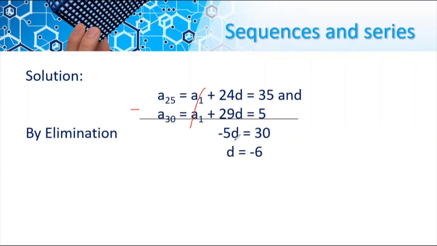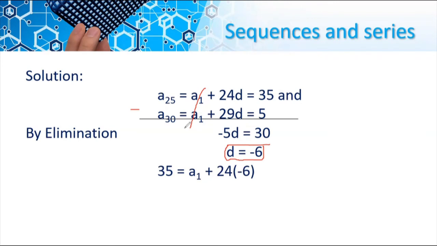Okay. Importante yung common difference, kasi ito yung magiging constant para matuloy natin yung ating bawat terms. Okay? So, kung meron tayong common difference, pwede mo nang gamitin ito para makuha natin ang first term. Gamitin natin yung equation ng 25 term.